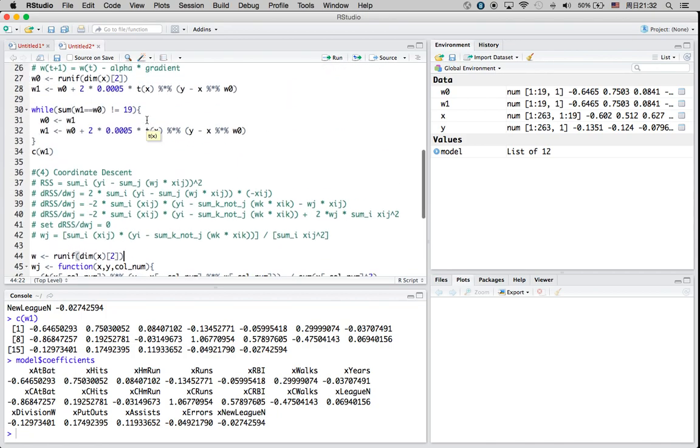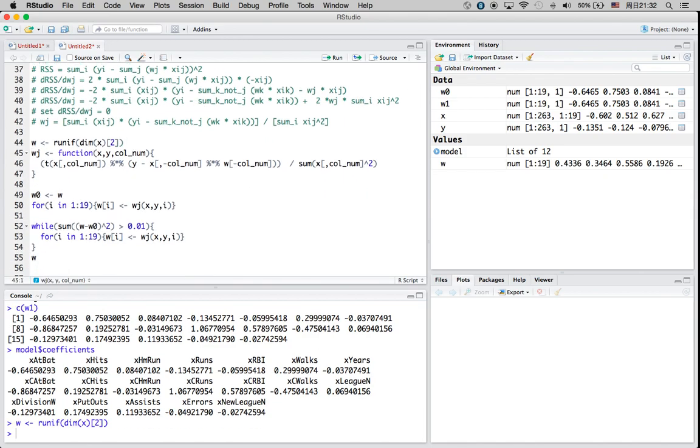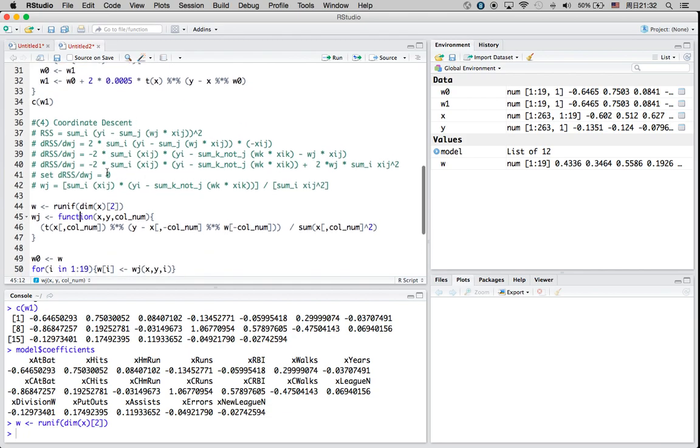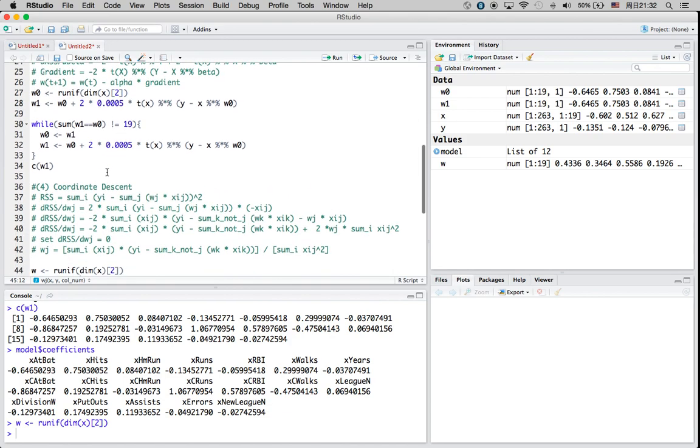In coordinate descent, we are also required to get a starting point, and then we need to derive the partial derivative to update our coefficient.